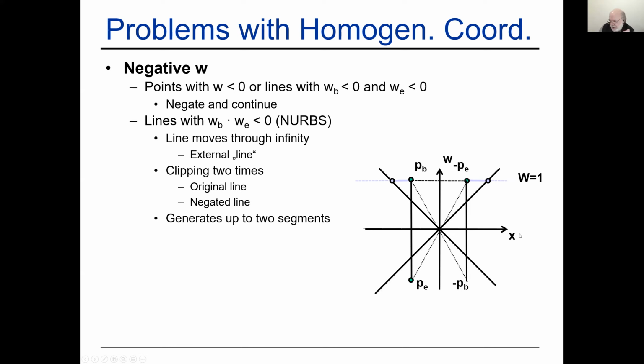In the horizontal direction, we have the X direction, and in the vertical, it's not Y, but actually W. So we now have a line that goes from a point PB with a negative X value to an endpoint that has the same negative X value, but has negative W. So here, let's say it's W plus 1, here's W minus 1.